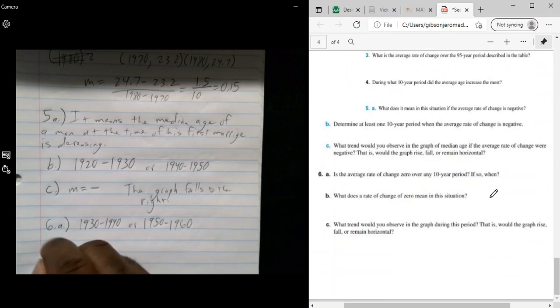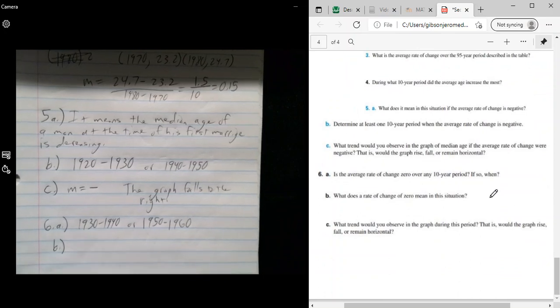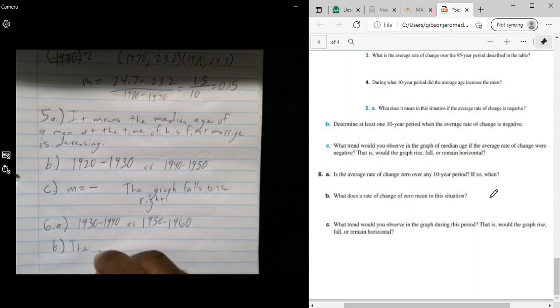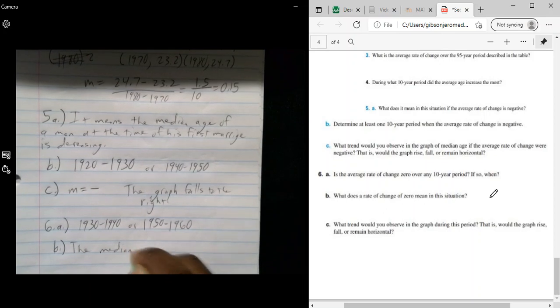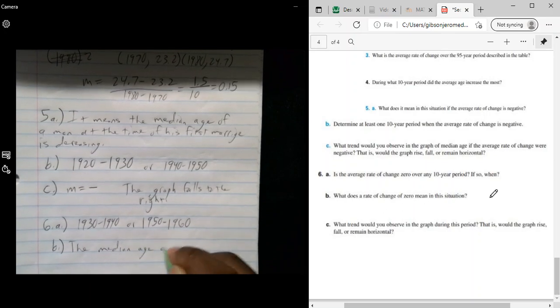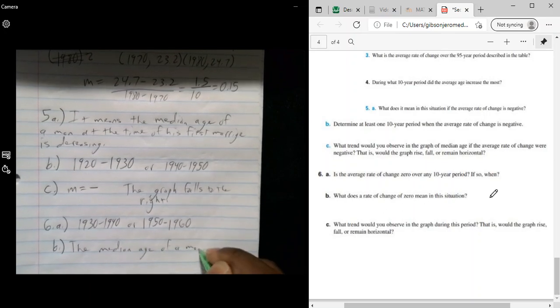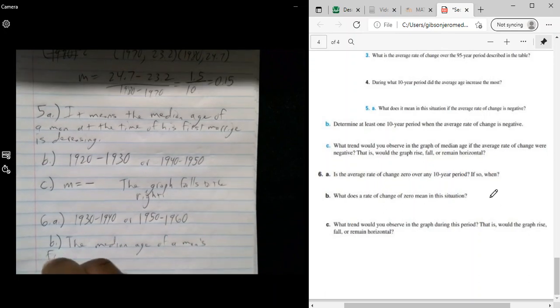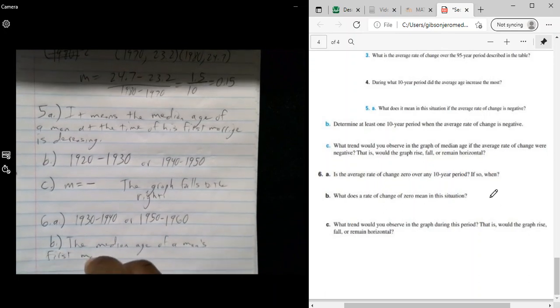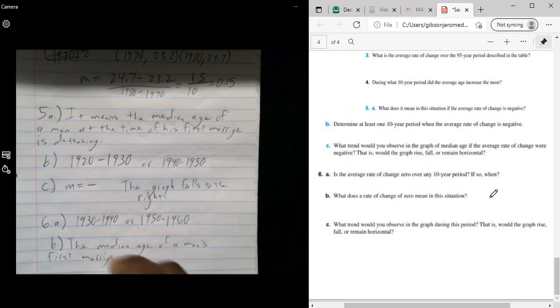Okay, B. What does a rate of change of 0 mean in this situation? Basically, it means that the median age of a man's first marriage stayed the same.